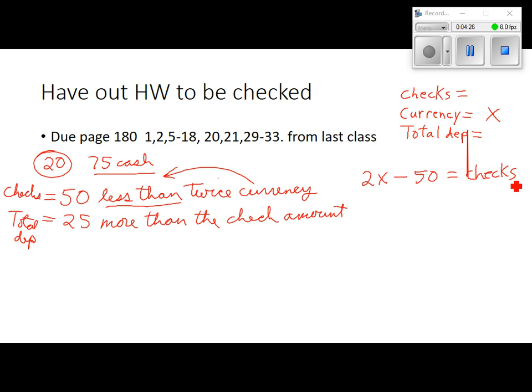So then if we're total deposit, could we do C? So total deposit is $25 more than the check amount. So plus $25. Now again, we tried to stay away from putting another variable in there. But what do we know about the check amounts? So could we put that in there?